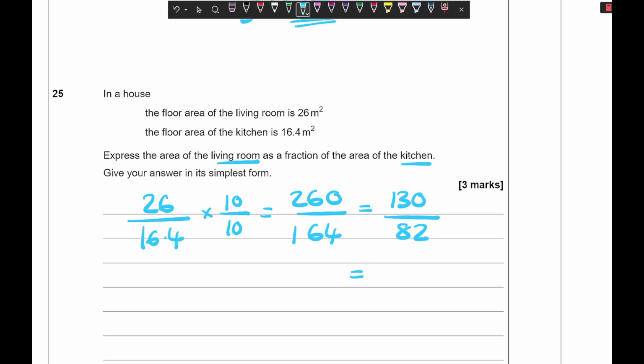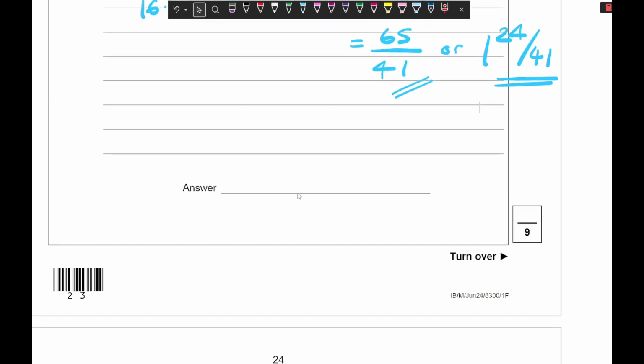So again, I've got even numbers, in which I've got 65 over 41. Now that doesn't simplify because 41 is a prime number. So you can either leave your answer like that, or you can write it as a mixed number, which is 1 and 24 over 31. So any of those two variations would be absolutely fine.